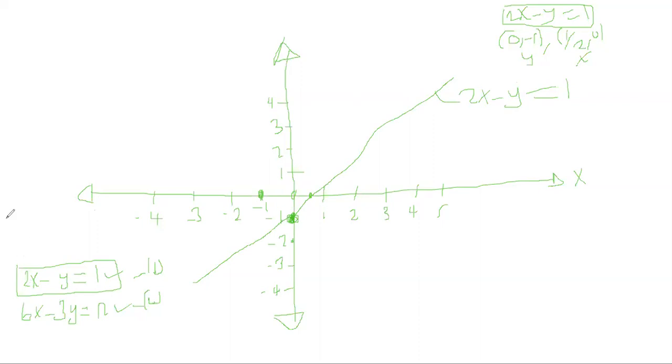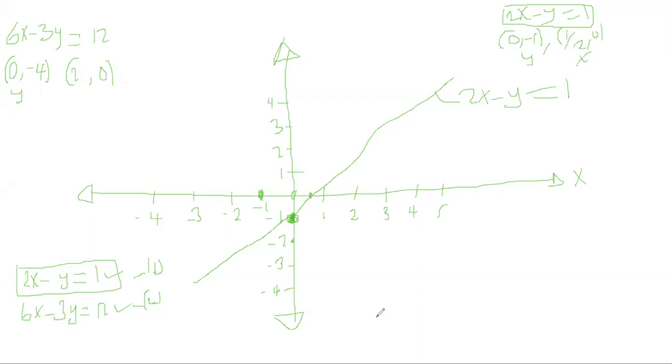We look for the intercepts. The second equation is 6x minus 3y equals 12. The y-intercept for this one is when x is 0, then y is -4. For the x-intercept, when y is 0, then x is 2.